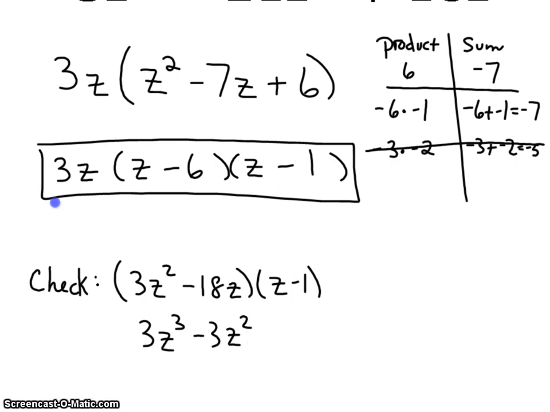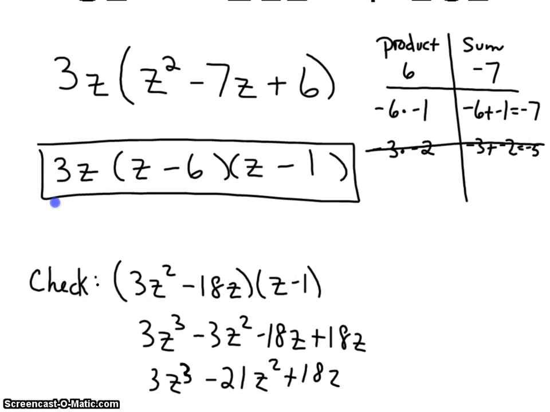Negative 18z times z, minus 18z squared. Negative 18z times negative 1, plus 18z. Combining the middle terms, 3z cubed minus 21z squared plus 18z. See what happens when you go too fast.